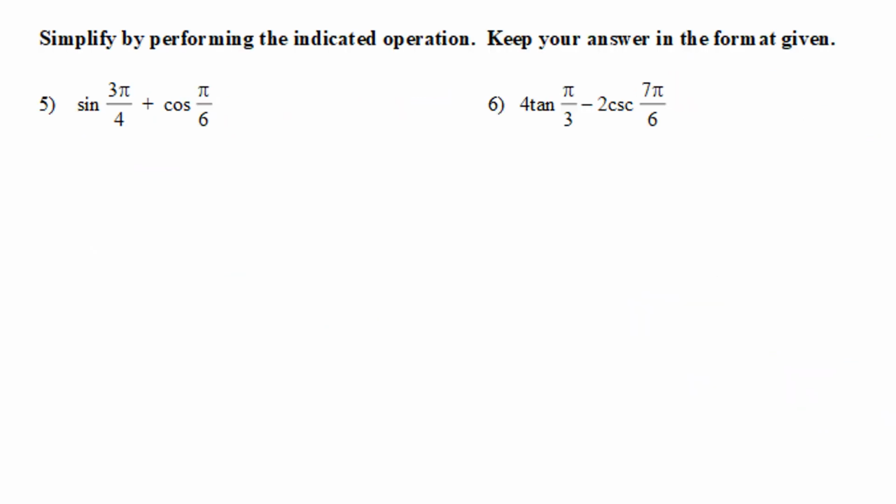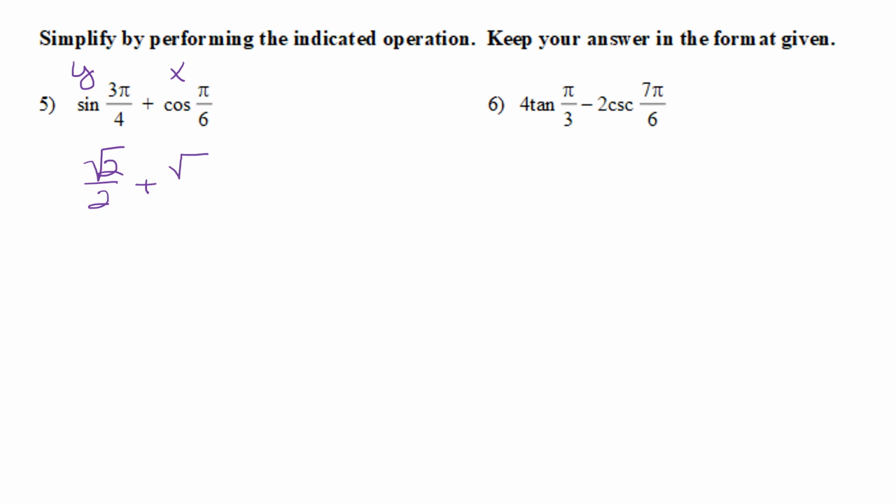So here's our first example. Sine of 3 pi over 4 plus cosine of pi over 6. Remember, sine is the y value and cosine is the x value. So what is the y coordinate at 3 pi over 4? That would give me the square root of 2 over 2, plus what is the x coordinate at pi over 6?